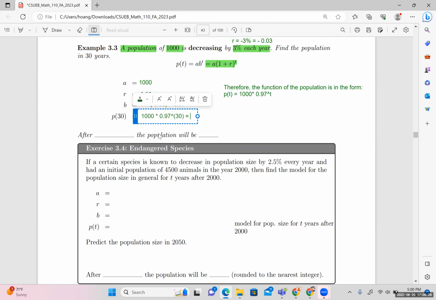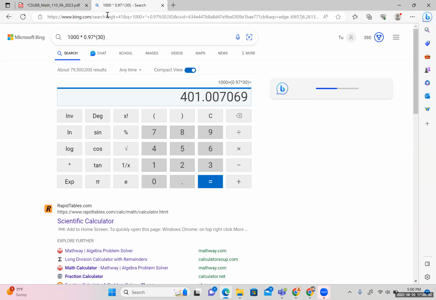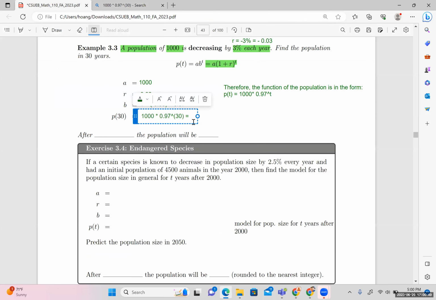So what is that going to be? Let's try this. You may have to use a calculator for this one, okay? I have 401.007.